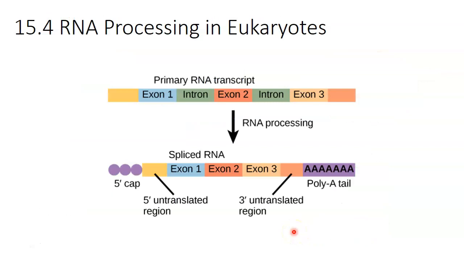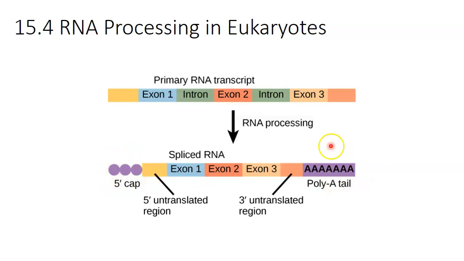Okay, here's another example. This is showing the 5' end and the 3' end, and exon 1, intron, exon 2, intron, exon 3. So this is a primary RNA transcript or a pre-mRNA transcript. The processing that would happen at the 5' end, we get that cap.